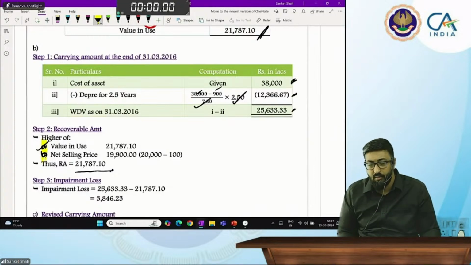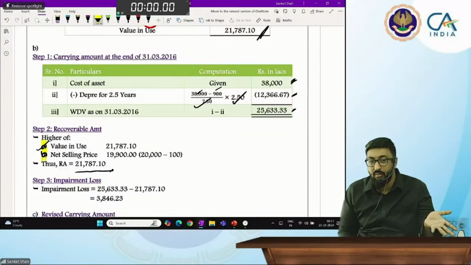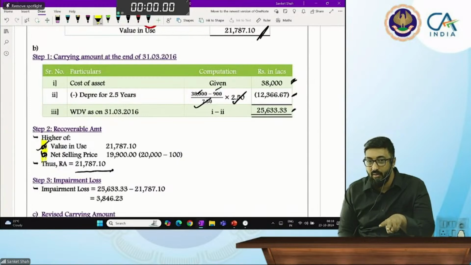In that case, you need to calculate the value in use by using discounting factors. In the previous question example, value in use is directly given. So the first question was easy, value in use directly given. This question is for your conceptual clarity. Understood? Yes sir.